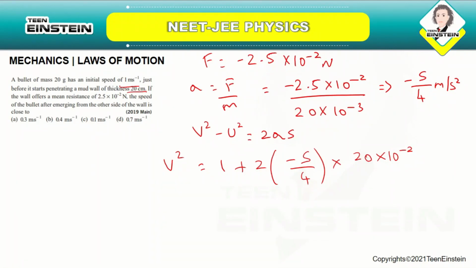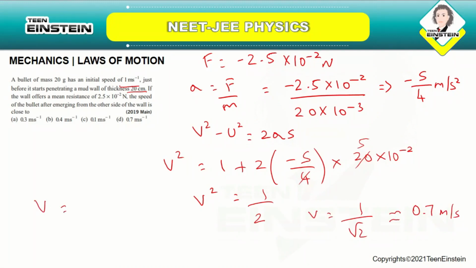So when you solve this, you will be getting v square is equal to 1 minus 25 by 2 into 10 power minus 2, so v square equal to 1 by 2, or v is equal to 1 by root 2, which is equal to 0.7 meter per second.